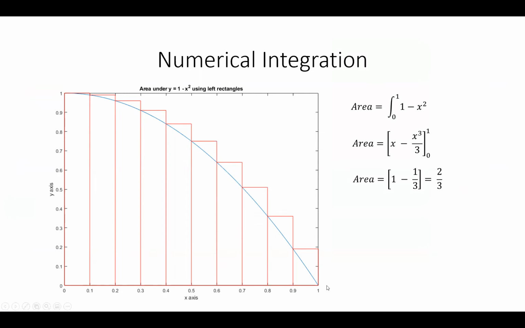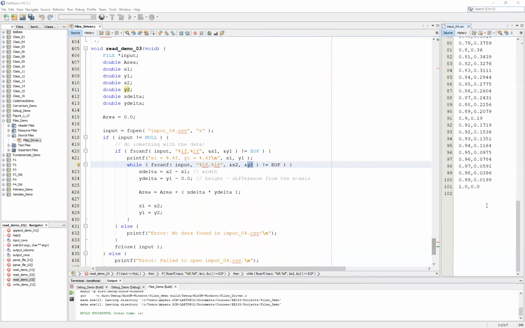So for this simple drawing here, notice that I have a total of 11 data points, but I only have 10 rectangles. This is true also in our file: we have 101 lines, but we will in fact only be able to calculate 100 areas.